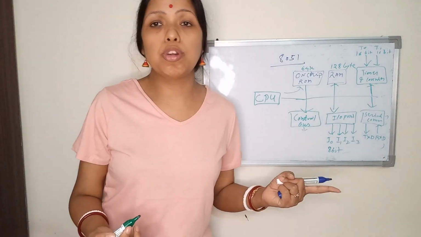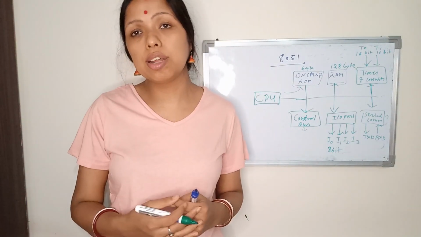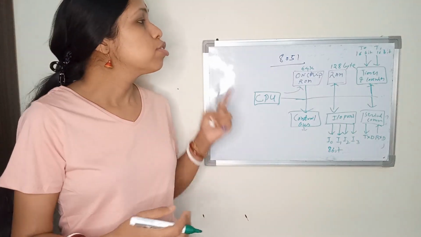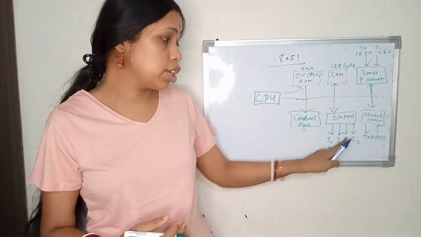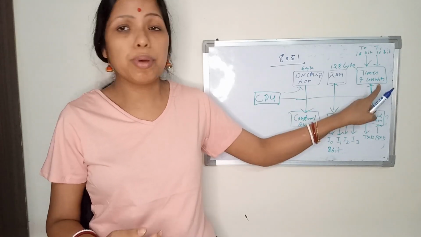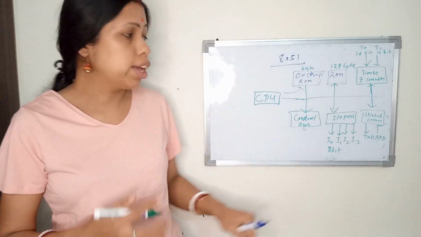These are 16-bit. The same timer can act as a counter, for that you need to set different bits for counter. So two timers, T0 and T1, 16-bit each. IO ports are 8-bit, but the timer and counter are 16-bit only.